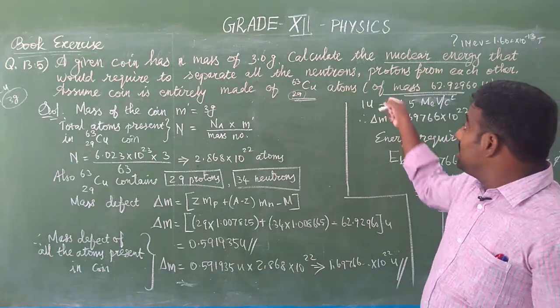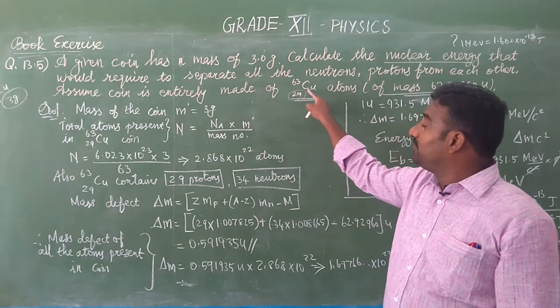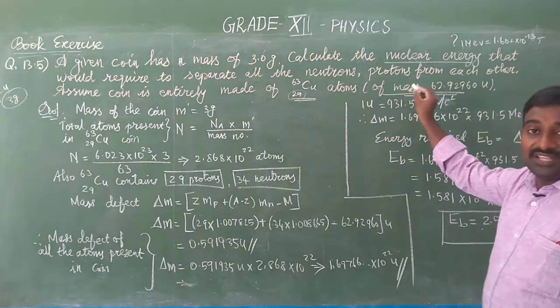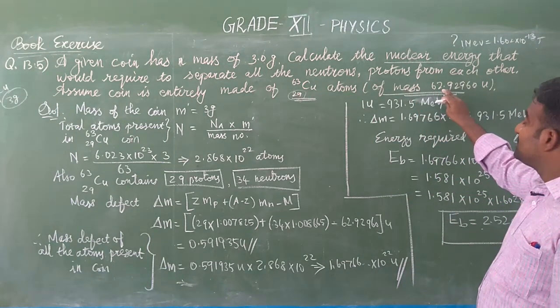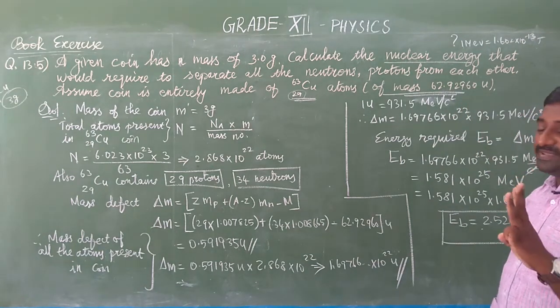They mention, assume the coin is entirely made of copper-63 atoms, in which the atomic mass of the copper is 62.92960 u.